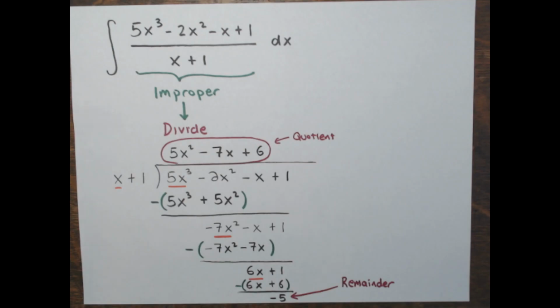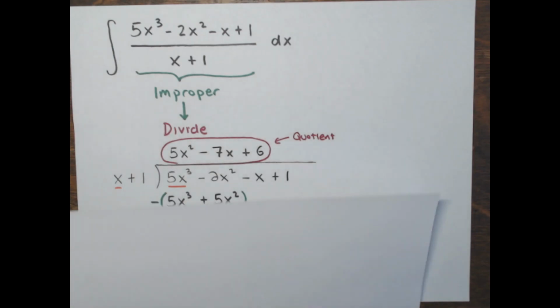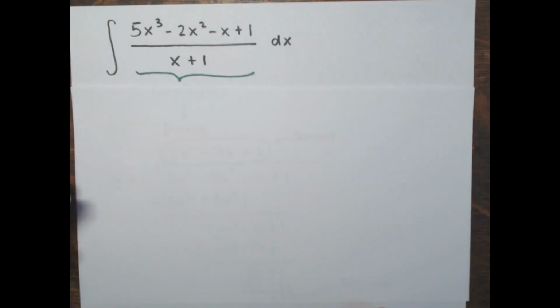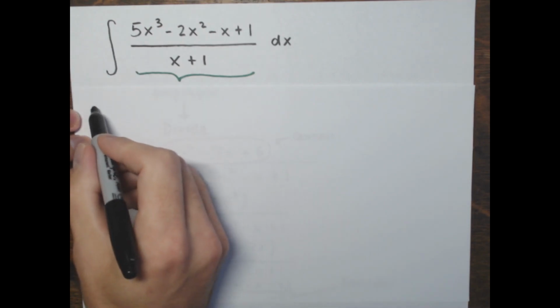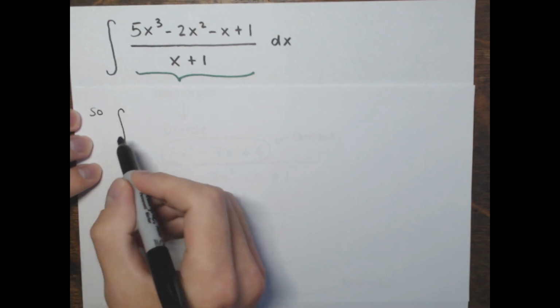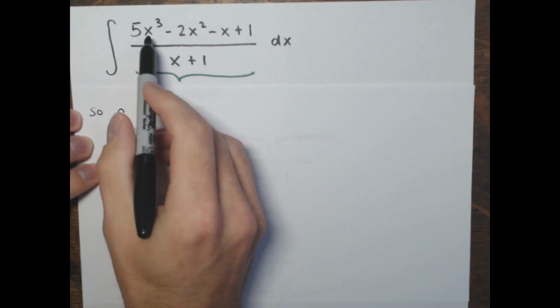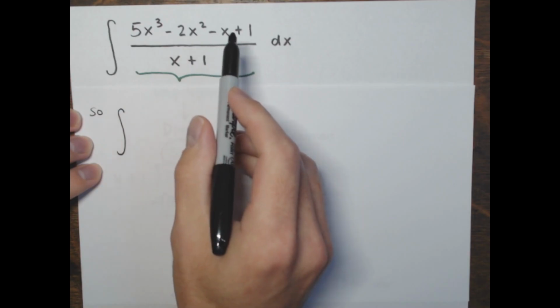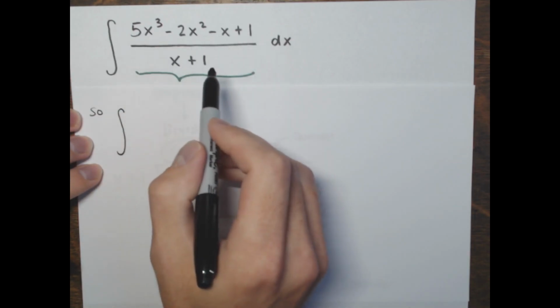The quotient plus some proper fraction. So let me cover this up here. So, this integral that we had, the integral of 5x cubed minus 2x squared minus x plus 1 divided by x plus 1.